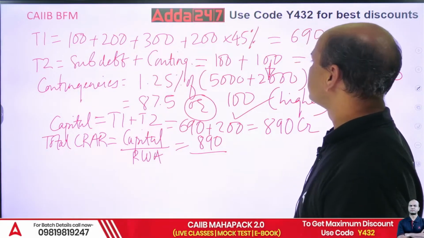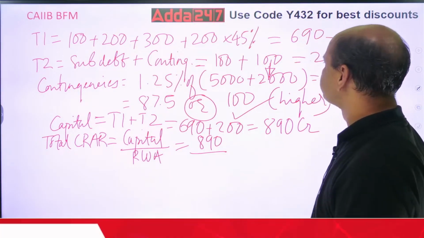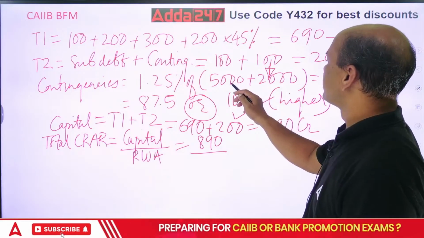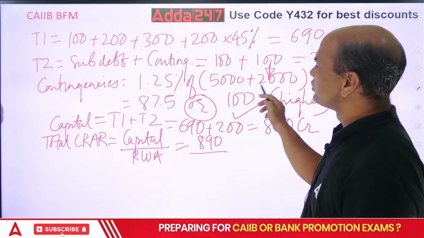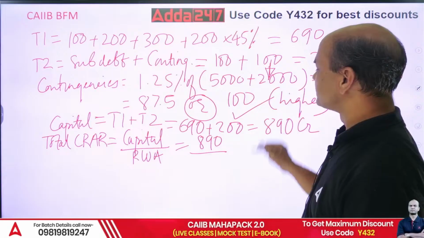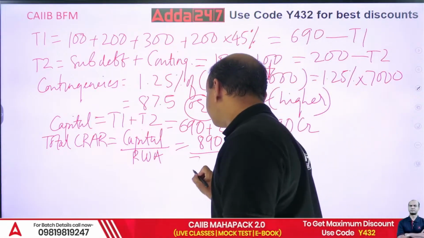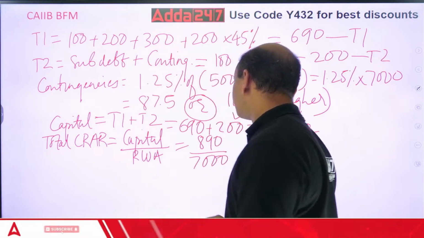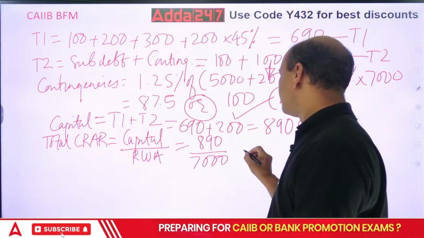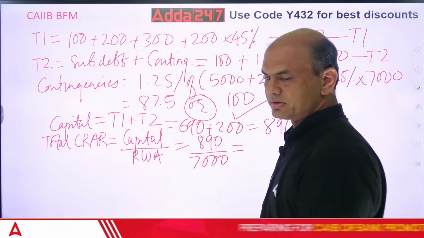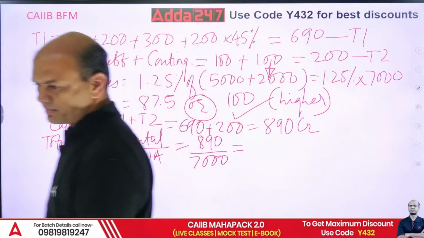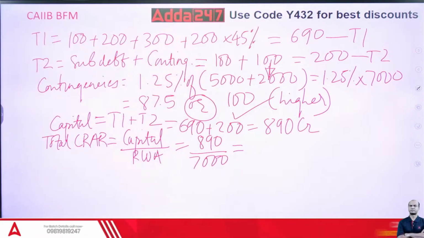Total risk weighted asset which you have found out over here is 5,000 plus 2,000, so 7,000. So divide it, 890 upon 7,000. What are you getting?